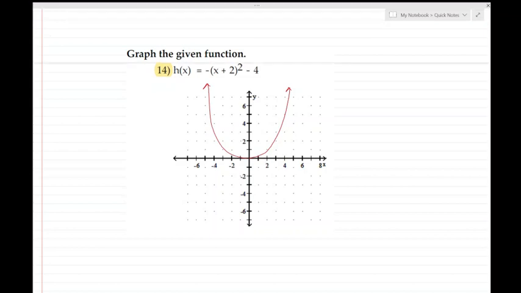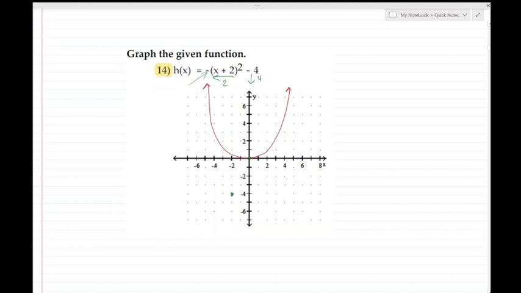So pretty much what's happening is that there is a negative in front, so we want to keep in mind that that's a reflection over the x-axis. Then we have a transformation 2 units to the left and then 4 units down, right? So think of the center point 0, 0 being pushed to the left 2 units and then downwards 4 units.